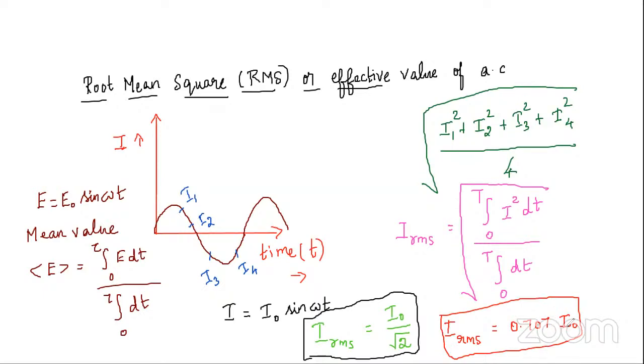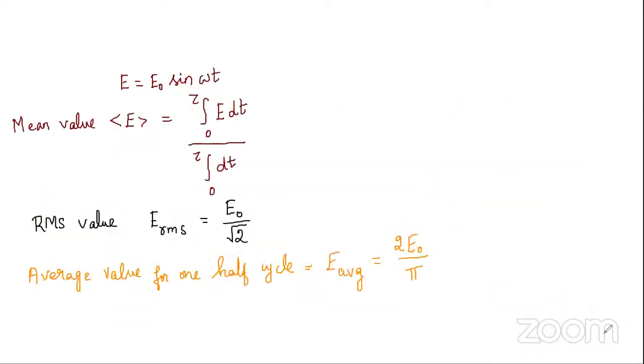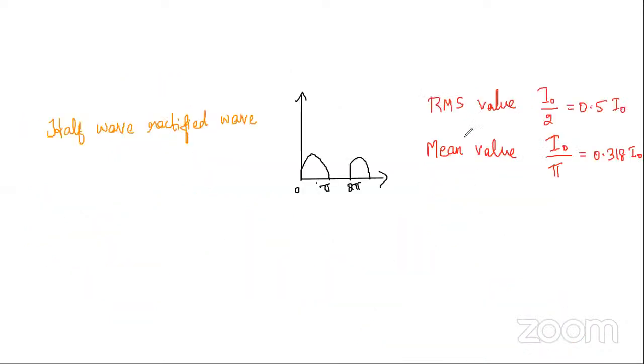This is the RMS value. So here we have discussed the RMS value and mean value for the half wave rectified wave. Now we will be discussing it for the full wave rectified wave.